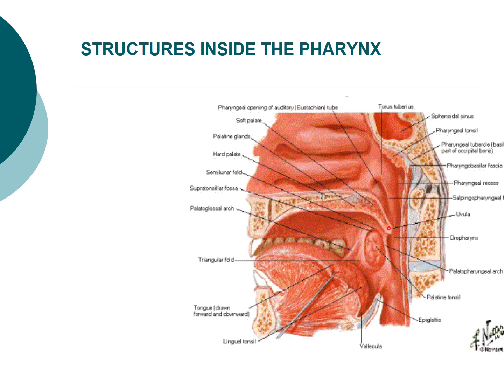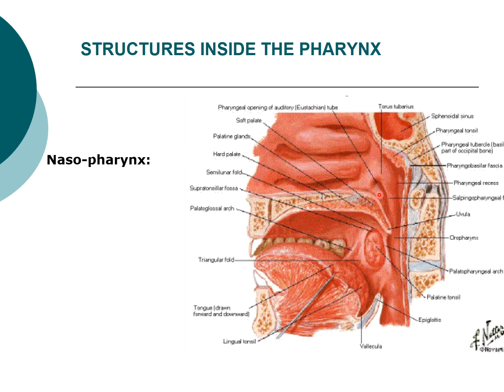What are the structures that we can see inside the pharynx? In the nasopharynx, the first thing we can see here is this opening. This is the opening of the Eustachian tube. What is the Eustachian tube?